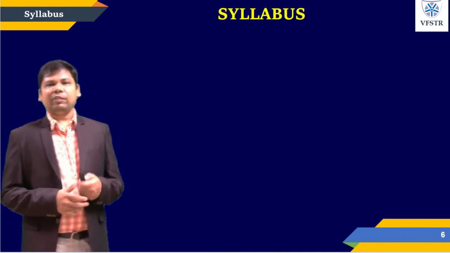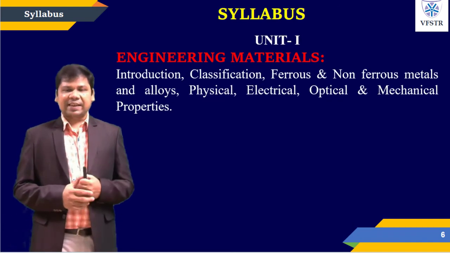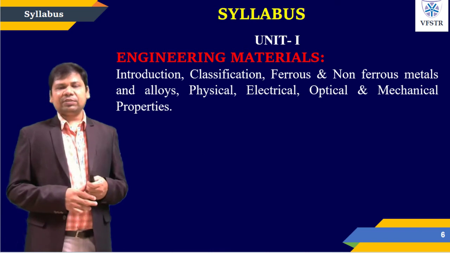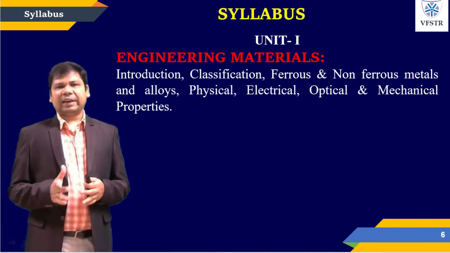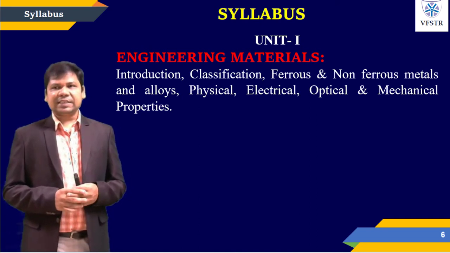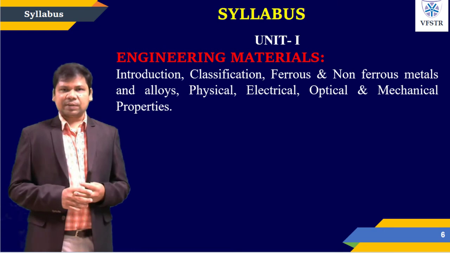Now, briefly we'll talk about the syllabus. The first unit is engineering materials. In engineering materials, we'll talk about the classification followed in engineering materials, particularly the steels and the cast irons. What are the types of steels?